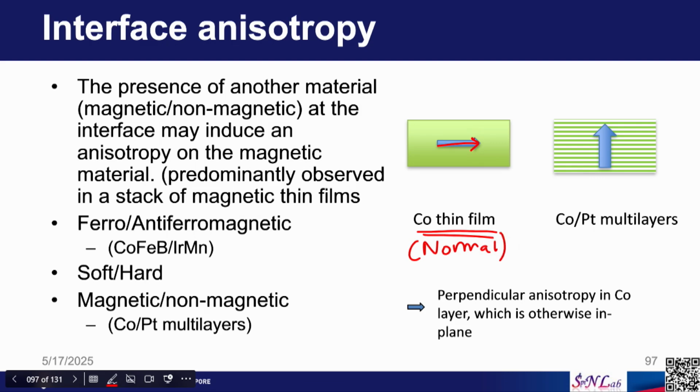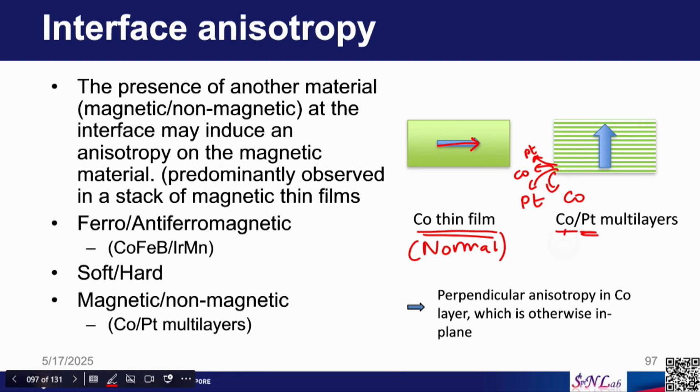On the other hand, let us say you prepare a multilayer of cobalt and platinum. For example, the green layer is cobalt, the white layer is platinum. So, you do cobalt, platinum, and so on. You stack many layers of cobalt and platinum one on top of another, for very low thickness.